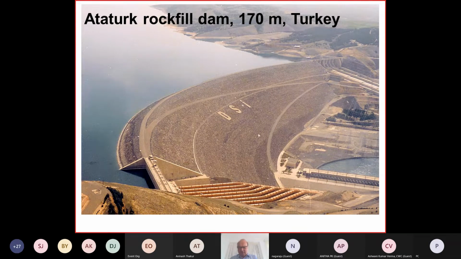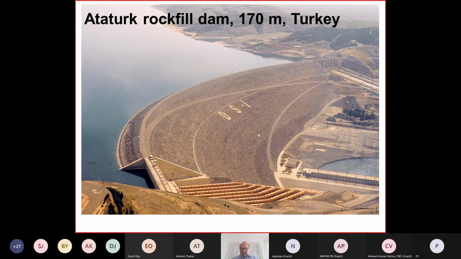It is one of the world's biggest dams, the biggest project in Turkey. We were actually the designers of that dam. It looks very nice from far away, the spillway here looks very nice. There are, of course, power intakes, penstocks, and the powerhouse here, 1,500 megawatt.